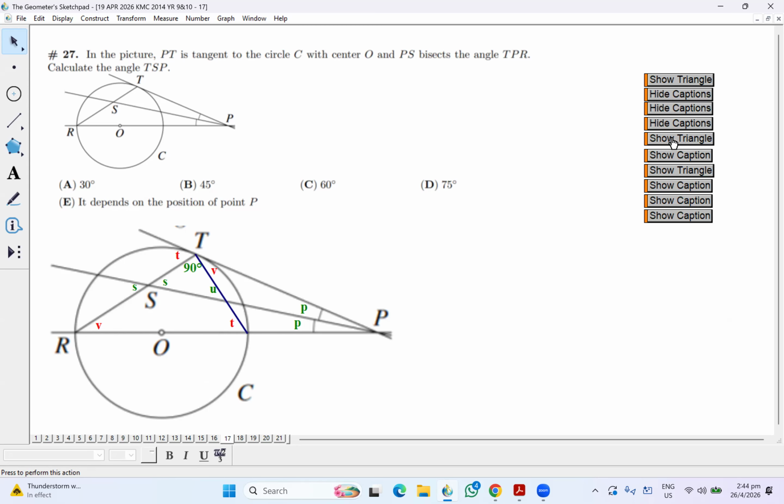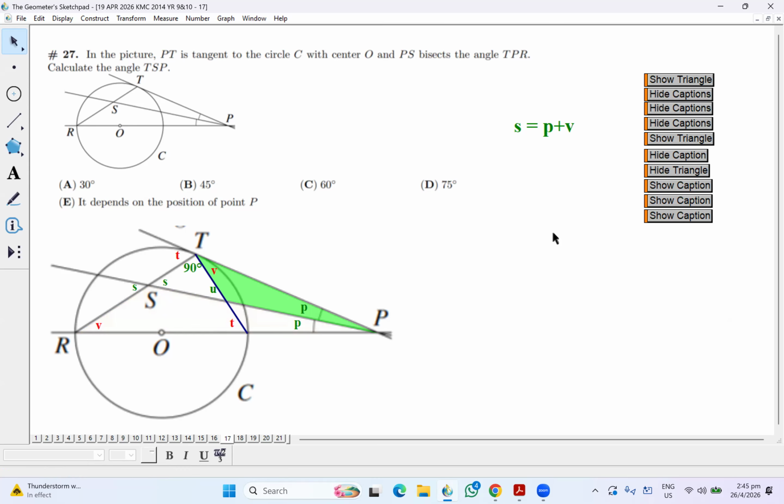Then we show this triangle. We focus on this yellow triangle, then we form the equation. S is the exterior angle, P plus V, the interior opposite. Okay, S equals P plus V. Then we close the triangle, then we show the green triangle.